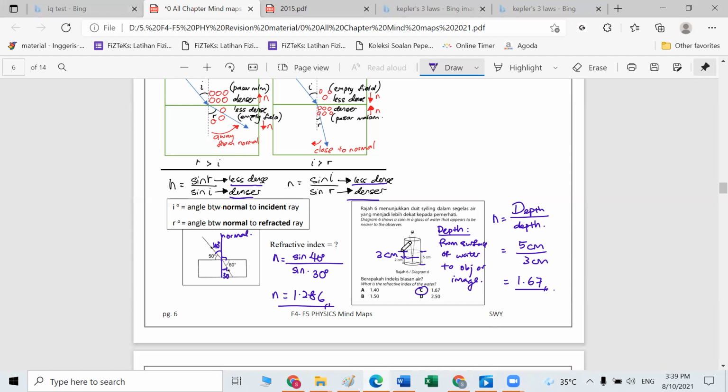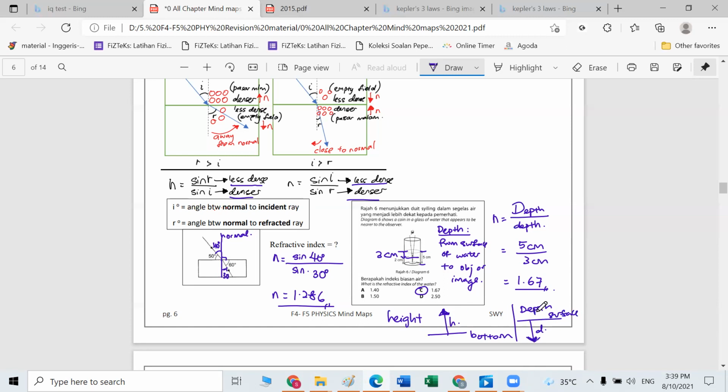Depth is from the surface, go down. Height is from the bottom, go up. So depth is from the surface goes down.